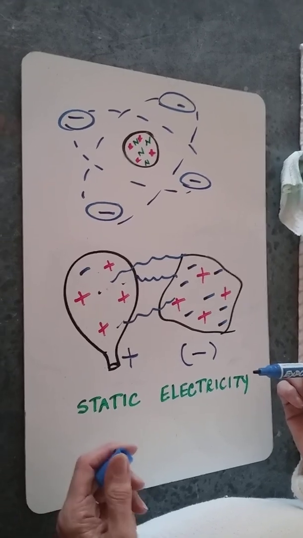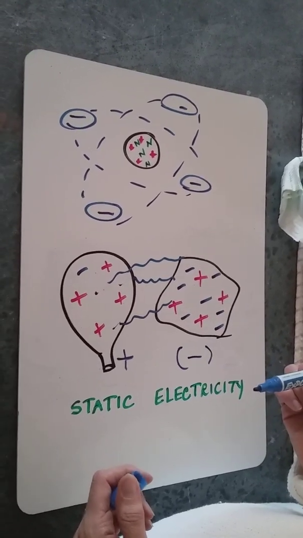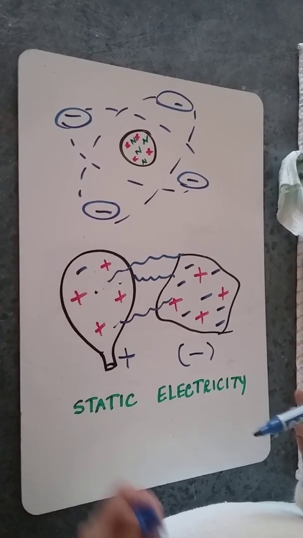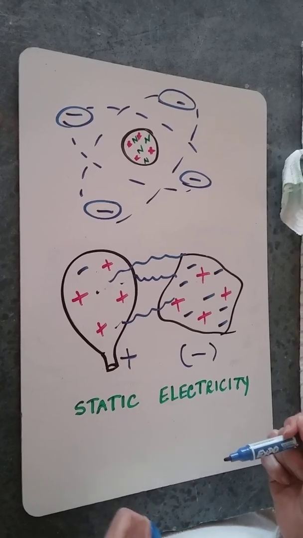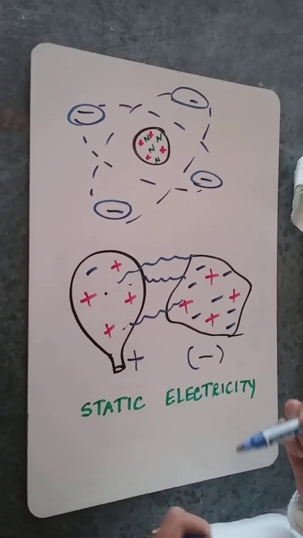But we found that when we had two negatively charged balloons, the two negatives actually repelled each other. That's the nature of static electricity. Lightning is an example of static electricity. Up in the clouds, the water molecules are rubbing against each other.